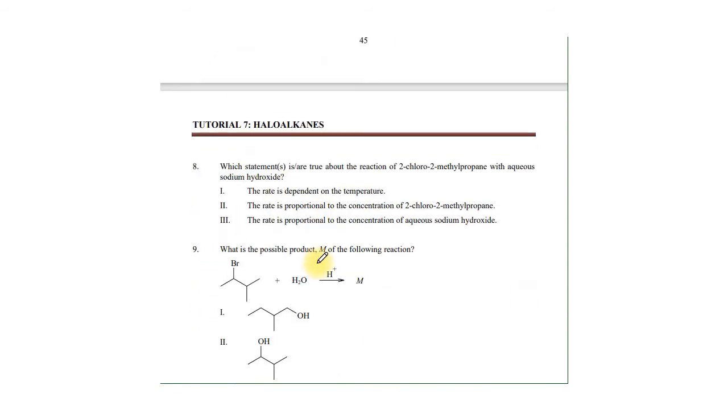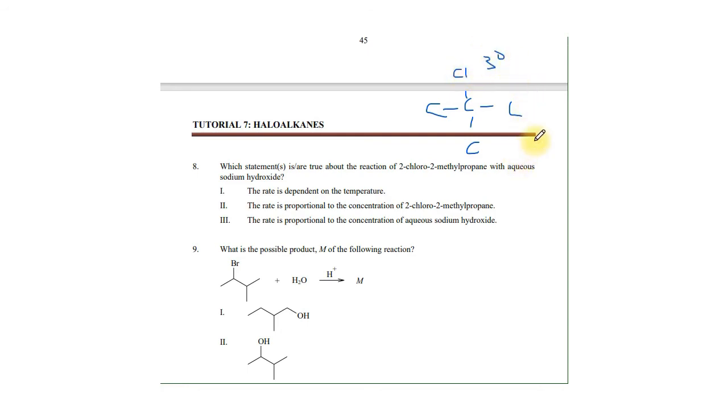Okay, number 8. Which statement is or are true about the reaction of 2-chloro-2-methylpropane with aqueous sodium hydroxide? In this case, we will check. We draw it: propane, carbons 1, 2, 3, and then there's the 2 position with chloro and a methyl. Meaning that this is a tertiary haloalkane.